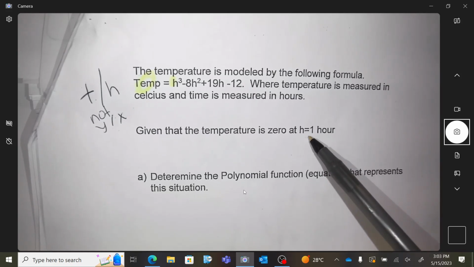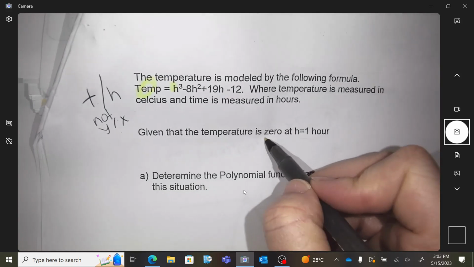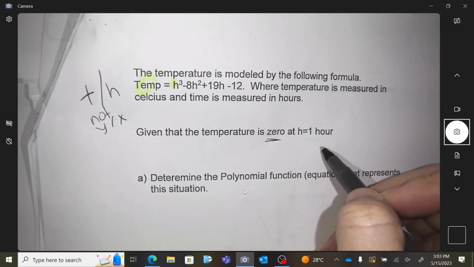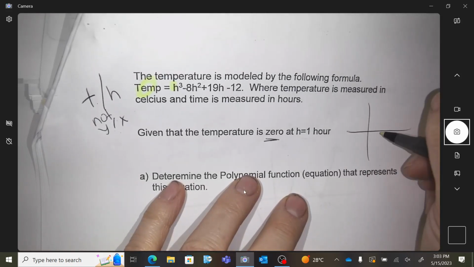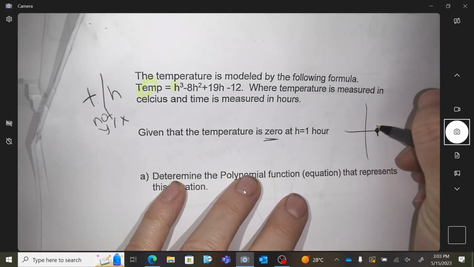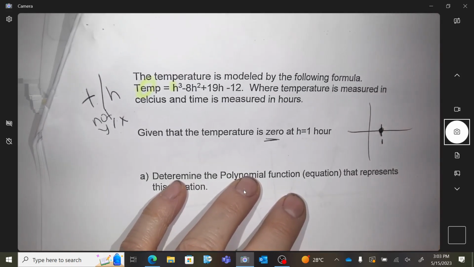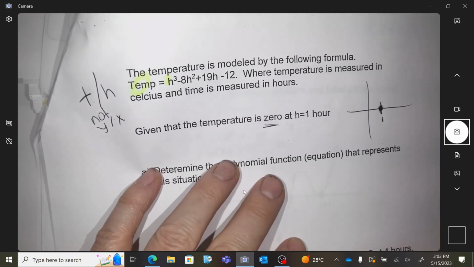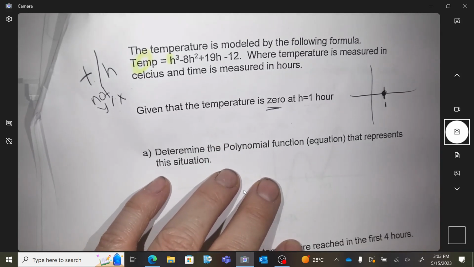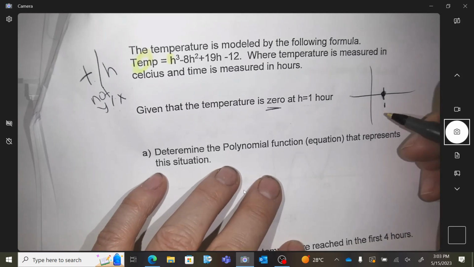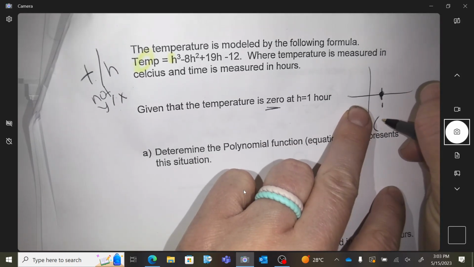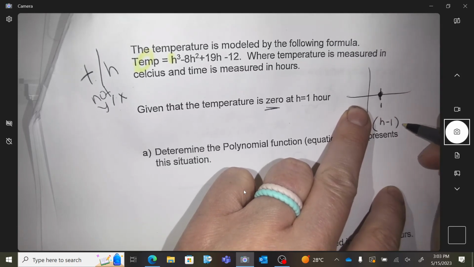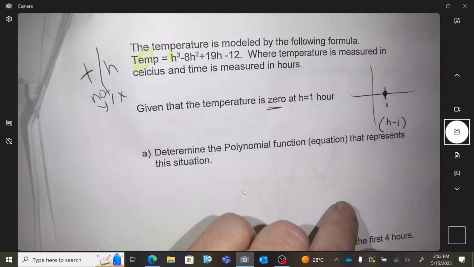Okay, we know that the temperature is 0 at the first hour. So that's an x-intercept at 1. I also would know that h minus 1 is a factor.